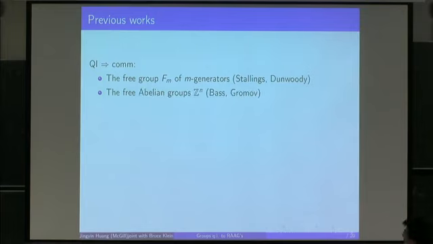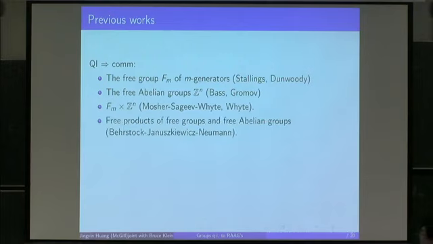Next, if we have a free abelian group, then a group which is quasi-isometric to the free abelian group is commensurable to the free abelian group. This follows from Gromov's polynomial growth theorem. Another case is you can take the direct sum of a free group and a free abelian group. Then it's also known that any group quasi-isometric to this group is commensurable to it.